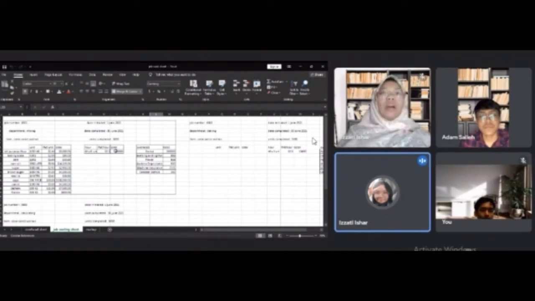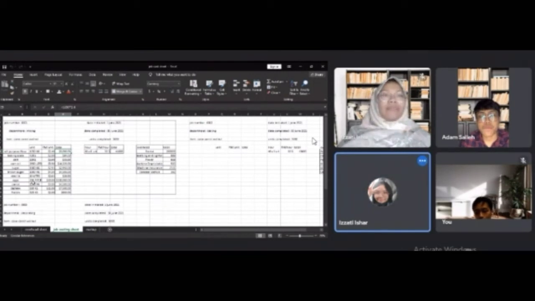We want to complete 5,000 products every month, so we multiply our direct material by 5,000. As you can see here, we multiply the cost and the amount of the direct material that we need by 5,000.